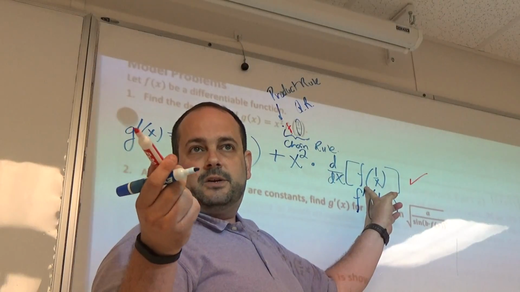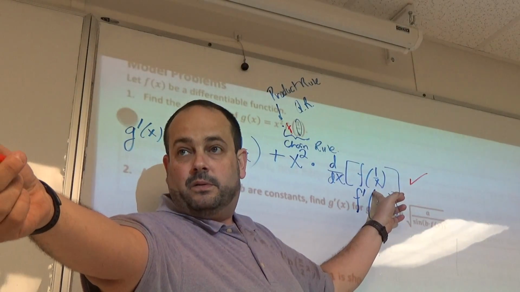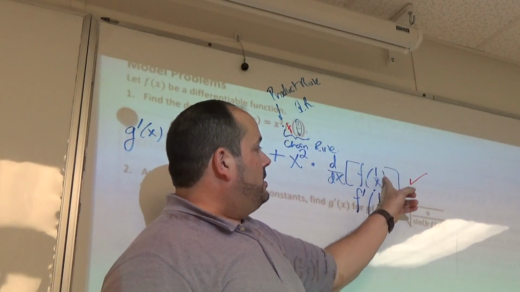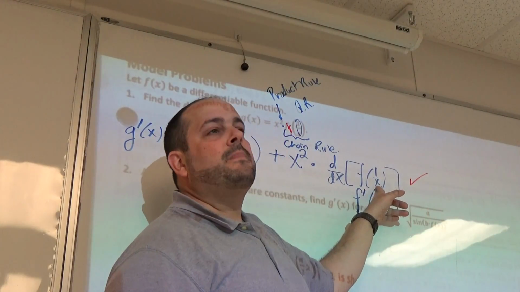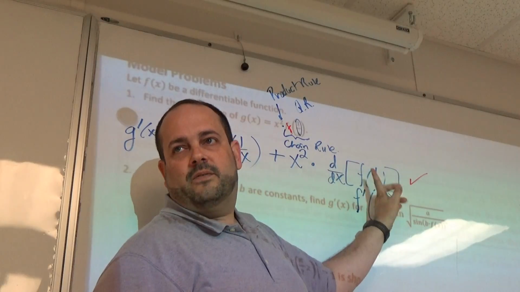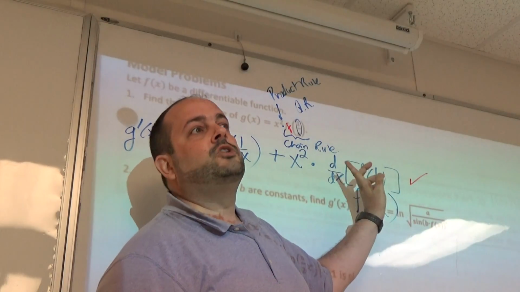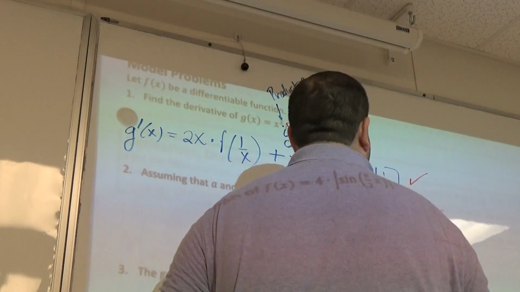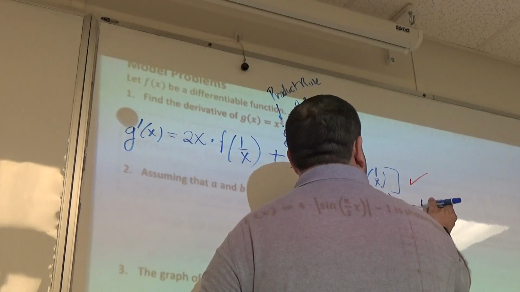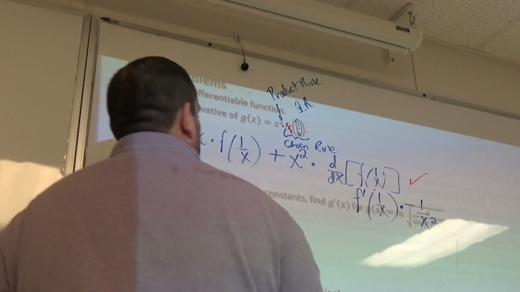Now somebody earlier said quotient rule. Jose, you said quotient rule? And you're right. You can use the quotient rule to find the derivative, or you've got it memorized. You know what the derivative of 1 over x is. We've talked about this. It's not natural log. It's negative 1 over x squared. So I'm going to say it's f prime of 1 over x times negative 1 over x squared.